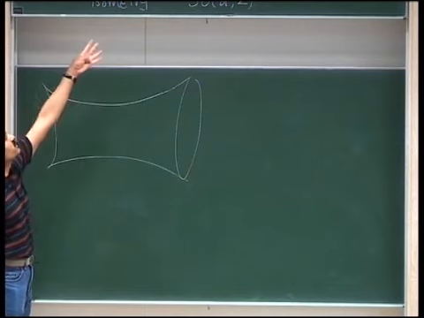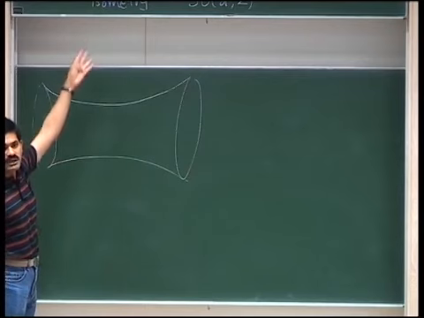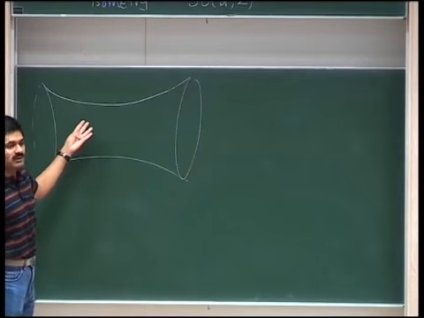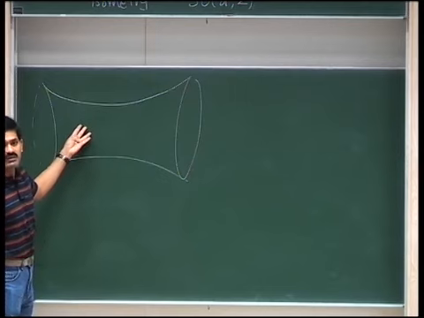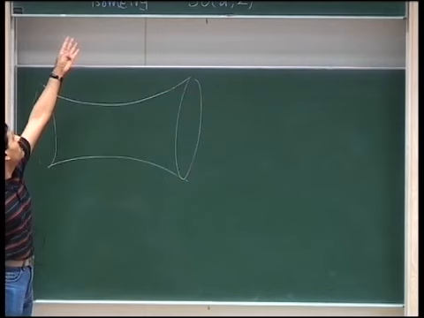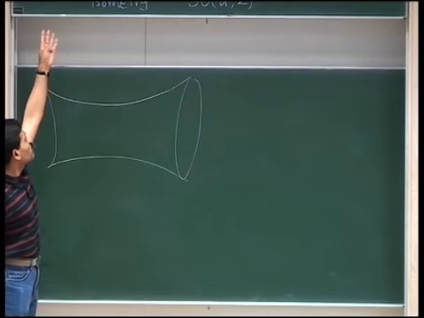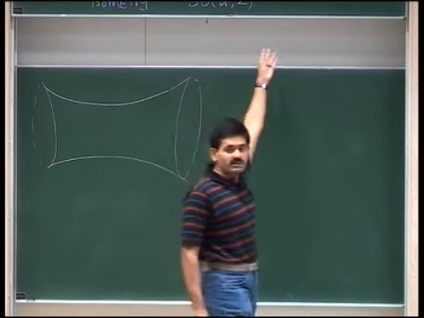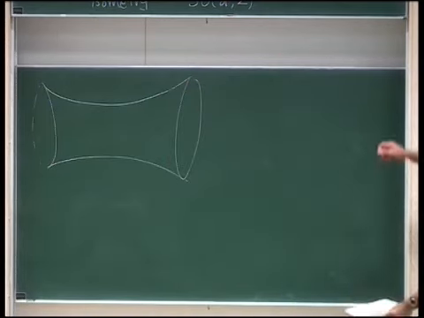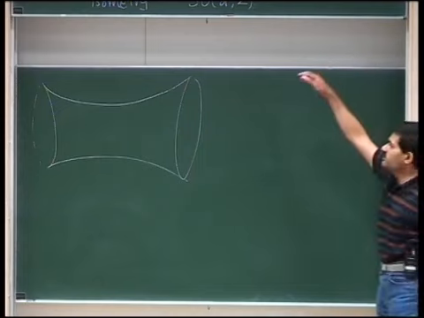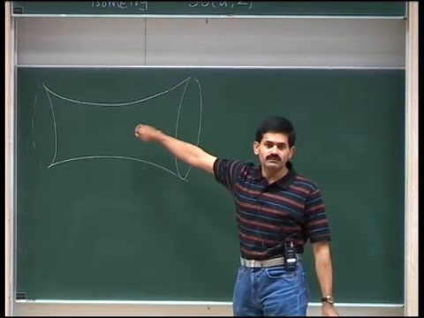You have d plus 2 variables, but you want only d plus 1 coordinates on the hyperboloid itself. So solve for the extra coordinate by explicitly solving for it, and then plug back into the metric to write down the induced metric on the hyperboloid.